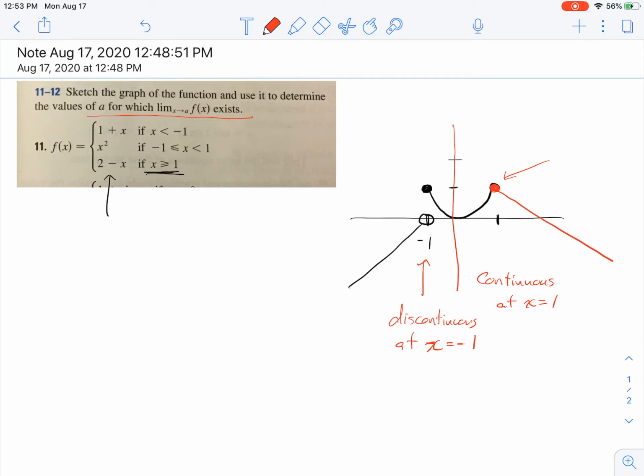The limit exists everywhere except for at that discontinuous point there. So over here I said discontinuous at x equals negative 1. Our answer to this question, since they're asking where does this limit exist, is all x except x equals negative 1.